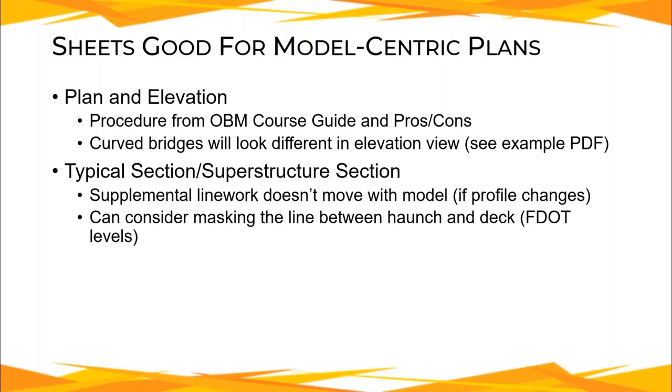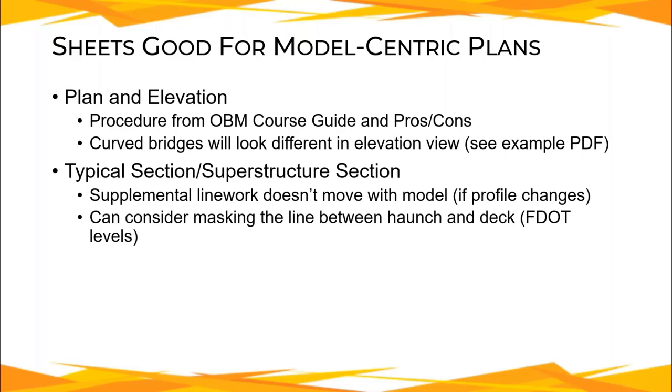One thing too that you get with the typical section view currently in OBM is certain lines that you don't necessarily want to see. For example, the one that people always talk about or argue about is the haunches. Haunch elements get modeled as their own 3D elements in OBM. Decks are separate from the haunch in terms of the elements in OBM.